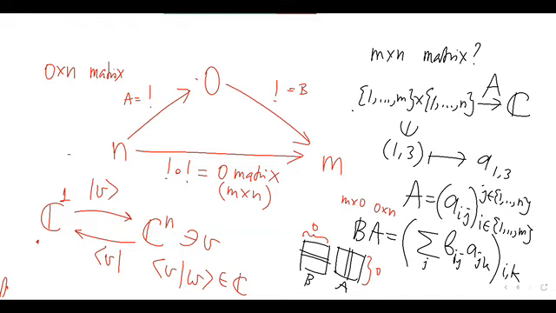So this category has a tensor product, but also it has addition. By the way, what happens if I take an n-dimensional space and I take its tensor product with an n-dimensional space? Yeah, n by n. That is multiplication. If you have a basis in one n-dimensional space and a basis in the other, and you take the tensor product, the pairs of the basis elements form a basis of the n by n tensor space.